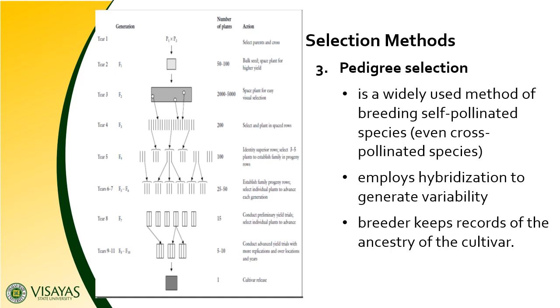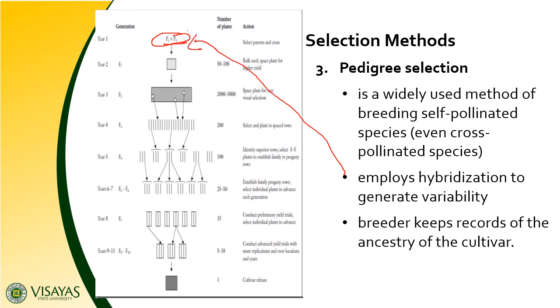You already have seeds, you already have a population. But in pedigree selection, you employ hybridization to create variability. In this outline, you have P1 and P2 crossed together, so you are employing hybridization in this part.